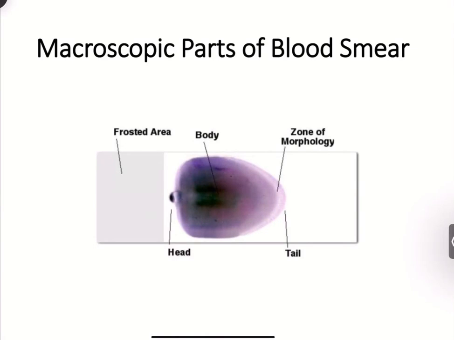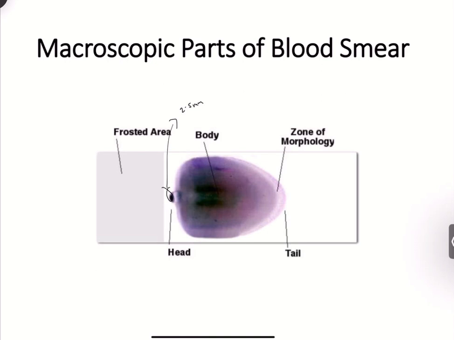So we have parts of your blood smear. As seen in the picture, you have the slide. The head is composed of the drop of your blood. The drop of your blood should be about 2 to 5 millimeters to have a perfect smear. Then the body has the dense area, too thick. So we will use the morphologic zone or zone of morphology, which is near the tail.